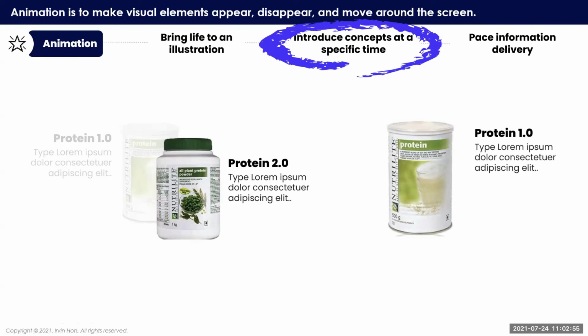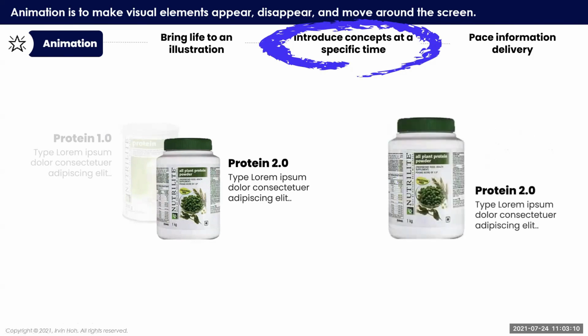Once I have finished talking through Protein 1.0, I will introduce Protein 2.0 by clicking the second click. Once I click, you will see that my Protein 1.0 images fade off and Protein 2.0 fades in. Now I start talking about Protein 2.0.